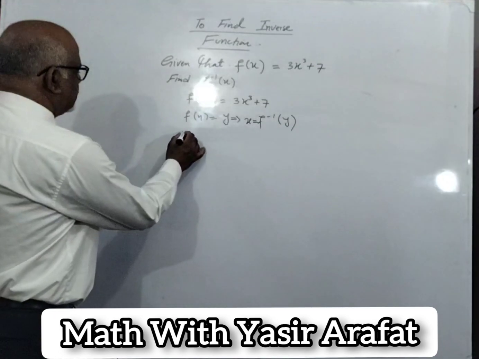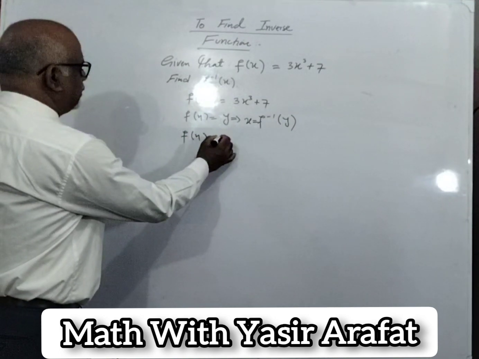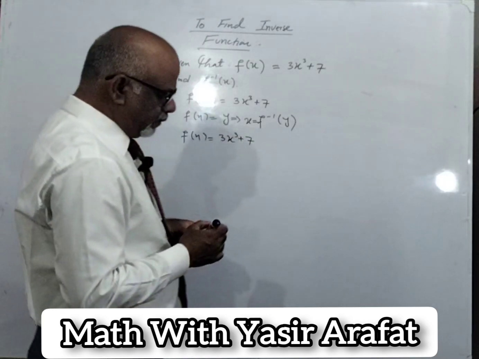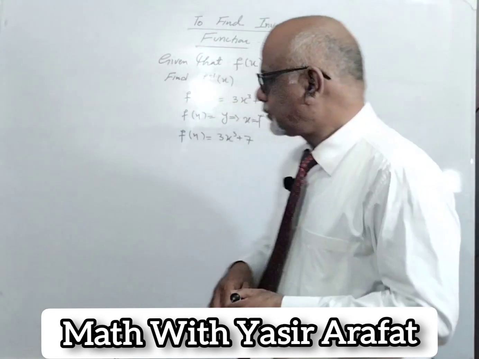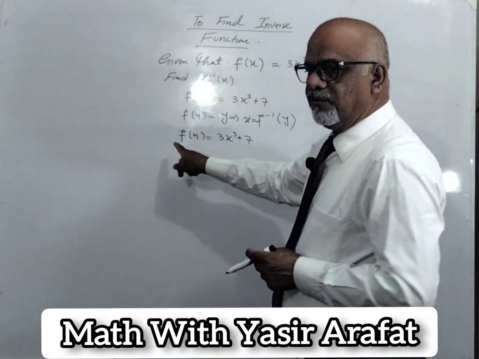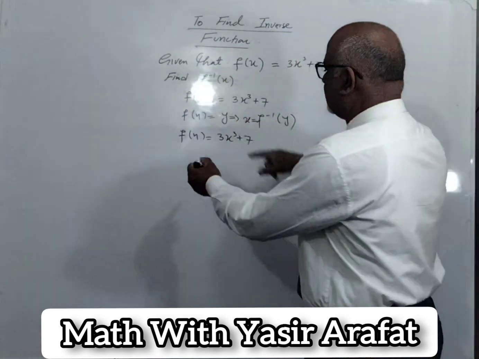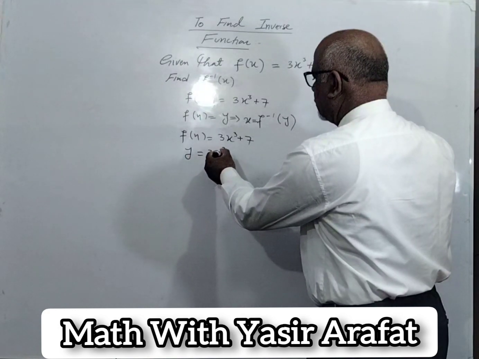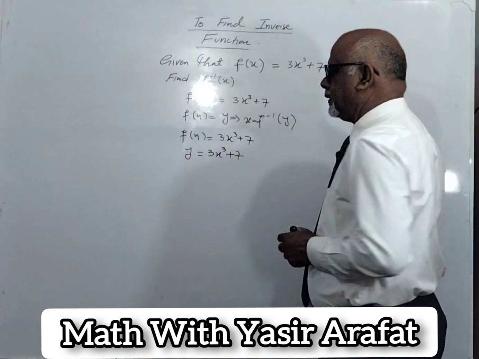Now come to this question again. f of x equals 3x cube plus 7, and what is f of x here? f of x is equal to y. So this is 3x cube plus 7.